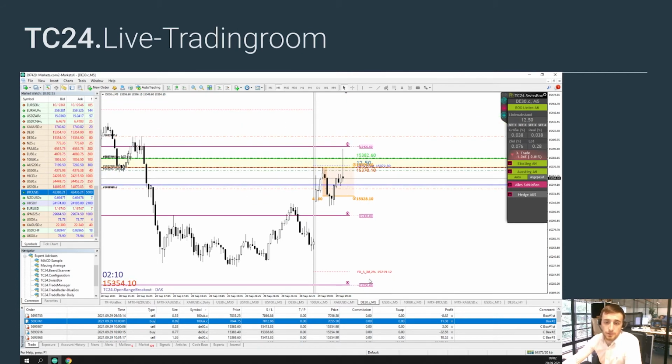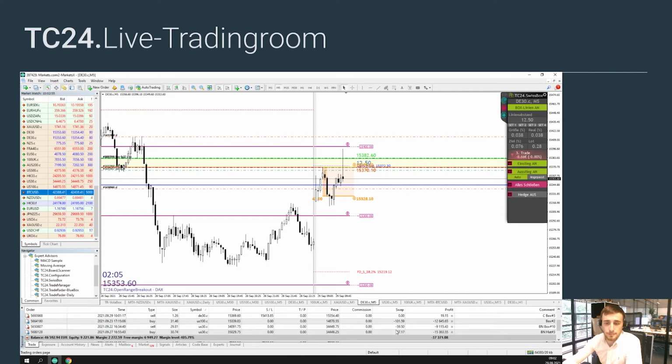Coming very close to the take profit line once again. When we catch these open range boxes, and it's around the same size as our normal trap range, for example, my trap range is 12.5.